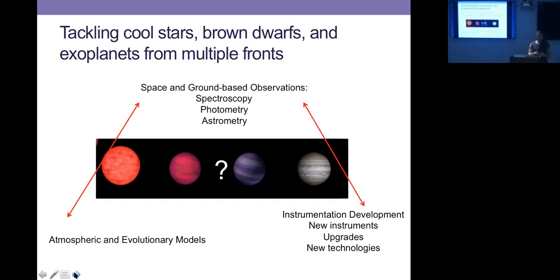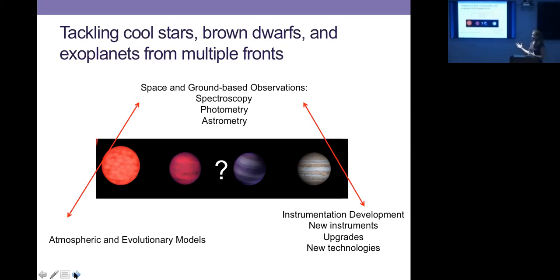There are really 3 ways that we can go about answering these questions. First, we can go out and take observations of these objects, primarily infrared observations from space and from the ground with spectroscopy, photometry, and astrometry. That can tie back in with the atmospheric and evolutionary models that we have.